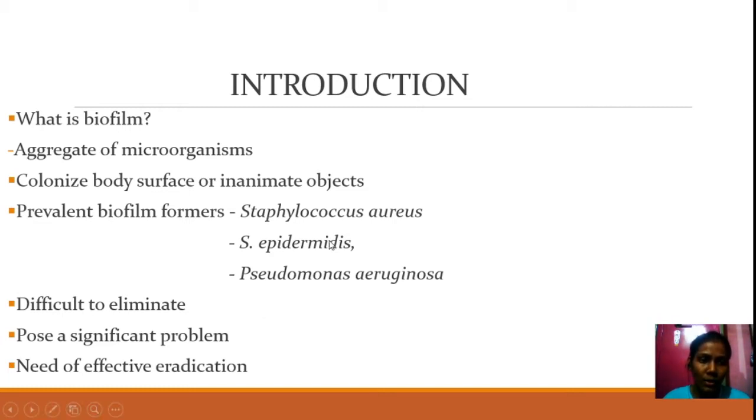The prevalent biofilm formers we know are Staphylococcus aureus, S. epidermidis, and Pseudomonas aeruginosa, and these biofilm formers are difficult to eliminate from any surface. Pseudomonas aeruginosa is most prevalently found on medical devices and in medical settings, and it poses a very significant problem and needs a very effective method of eradication.